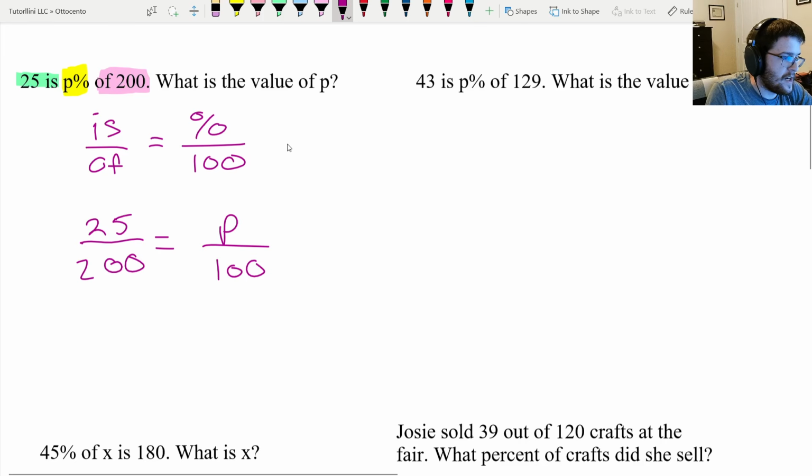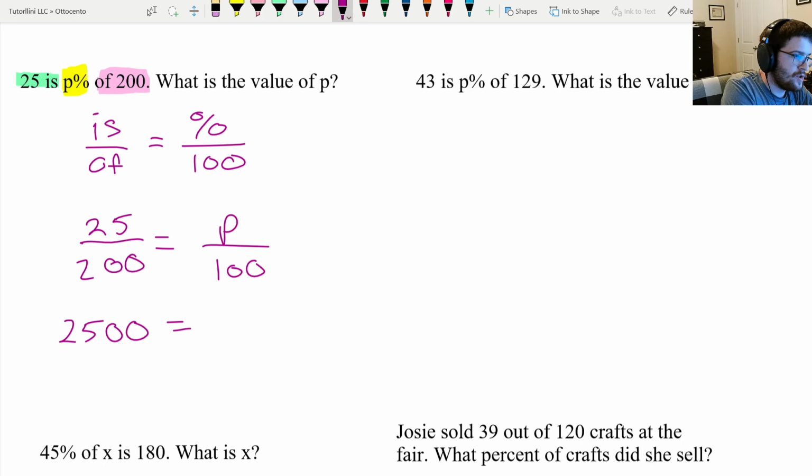So we do 25 times 100. And if you want to use Desmos to help you, you can. 25 times 100 is 2500. 200 times P is 200P.